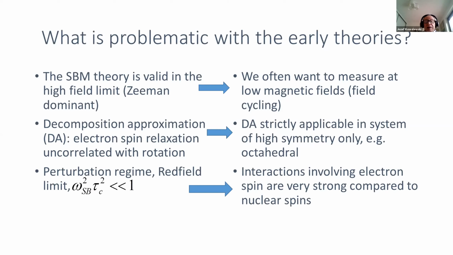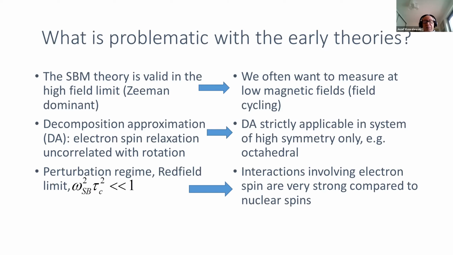As I said, we assume that we have only transient zero field splitting interaction when deriving the Bloembergen and Morgan theory. And this may not be the case in many cases. The decomposition approximation is strictly applicable only for highly symmetric systems.